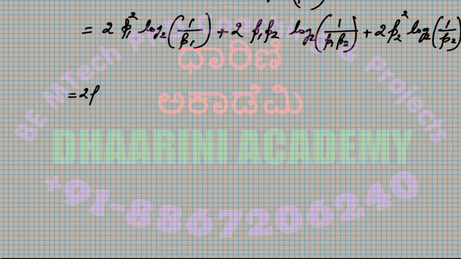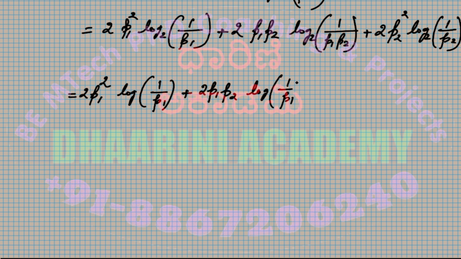This is 2 times P1 square log of 1 by P1. Then look at the second term, right? The second term, I will split it in this way. That is 2 times P1 P2 log of 1 by P1 only I'll write.